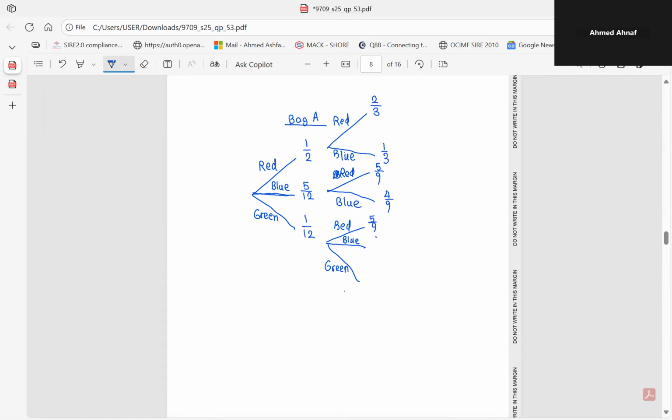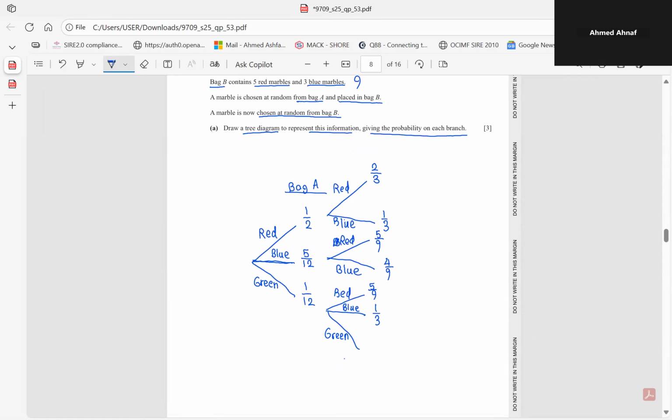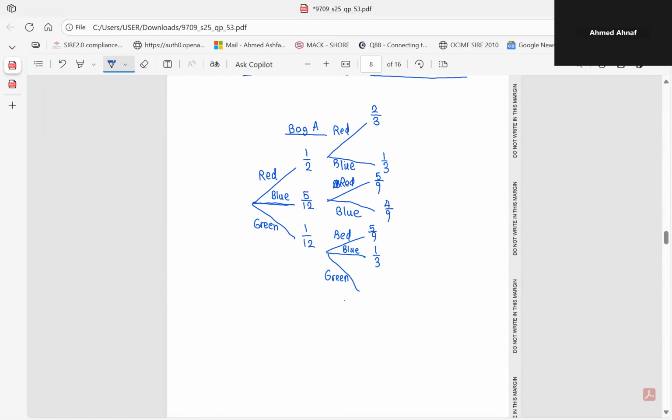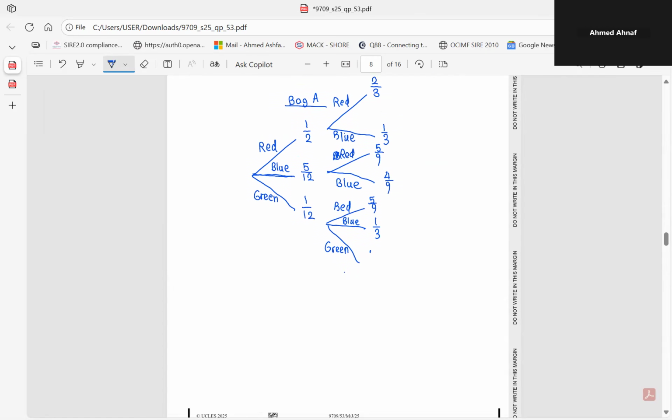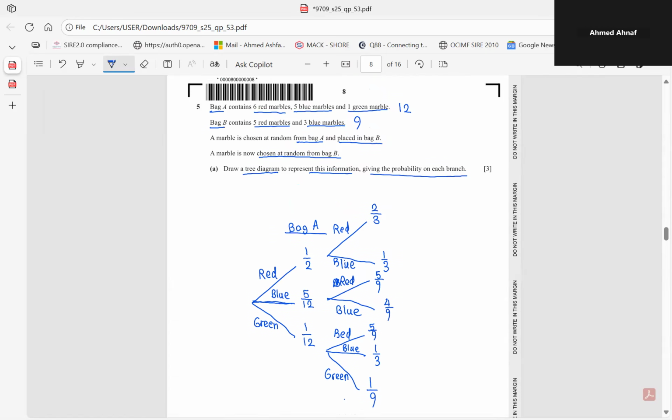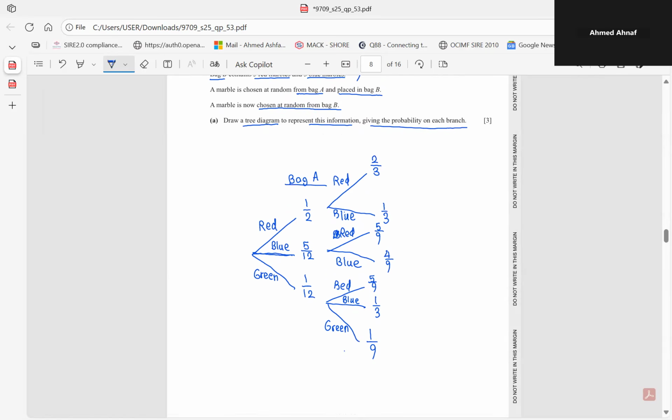So 3 over 9, which is 1/3. And then for green, there would only be one green marble. So you would only have 1 over 9. Yep, 1 over 9. Don't forget to label this as bag B.